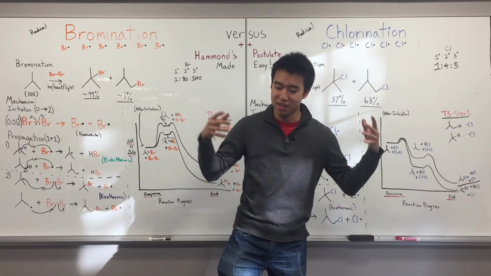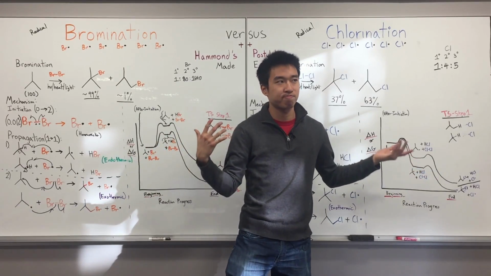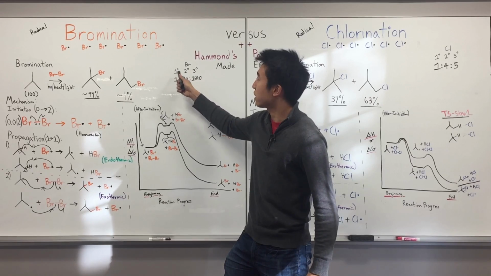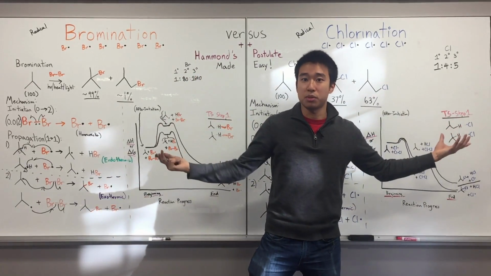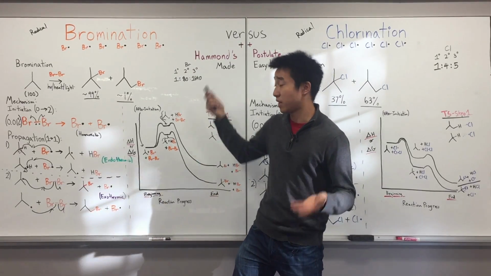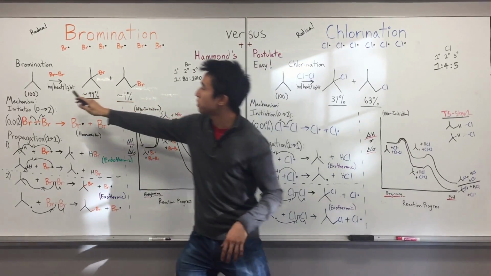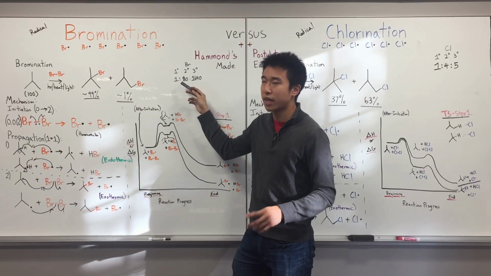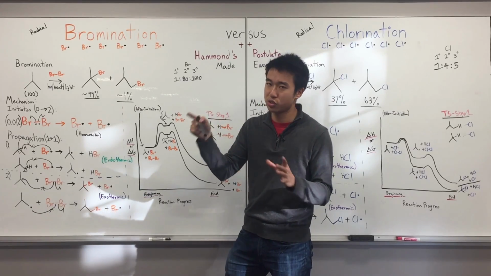But yeah, to finish this video, because of this concept right here, scientists have figured out the reactivities at each site, the primary carbon, secondary carbon, and tertiary carbon for chlorination and bromination. So for example, I'll show you how that comes in handy, and that's how we actually calculate these percentages. The primary site, so these primary carbons, are 80 times less reactive than a secondary carbon that has a hydrogen, of course.